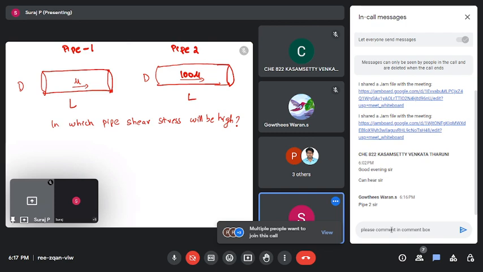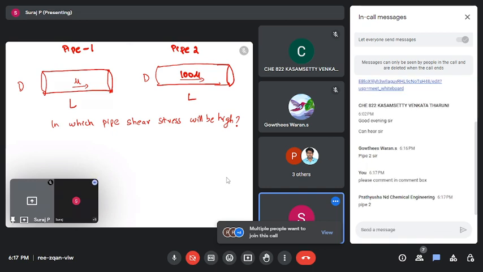Everyone is telling pipe 2, but I'm giving some more time. In the previous slide I have shown the equation, like how the shear stress is related to pressure drop and radius of the pipe.